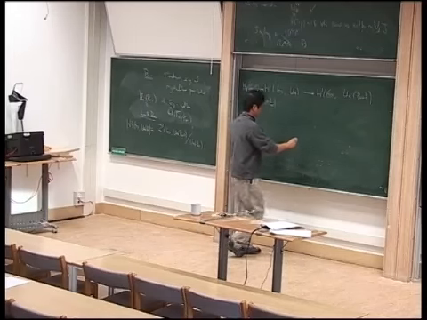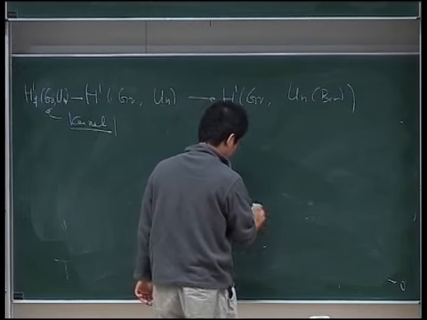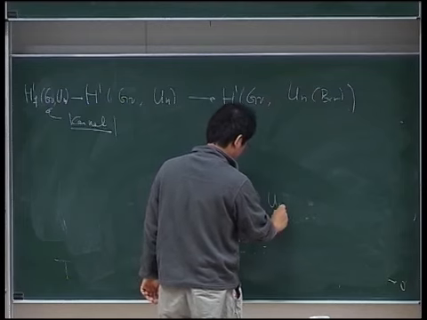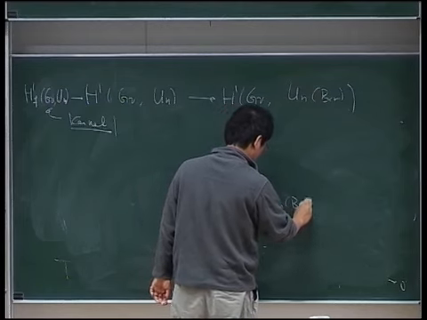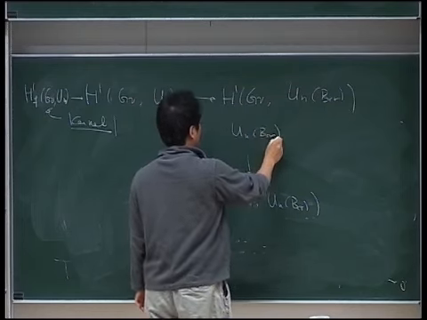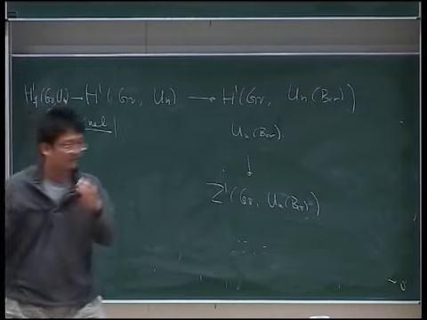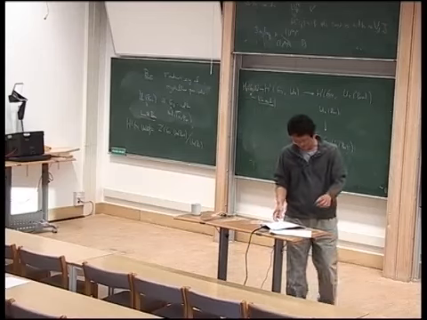If you look at this space, H1 of G_V, let's look at it at the level of cochains, U_n(B crys). There's a map from U_n(B crys) to this, simply sending everything to the trivial cochain. Let me just do the direction slightly carefully.